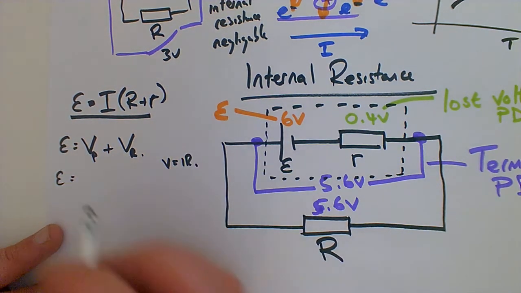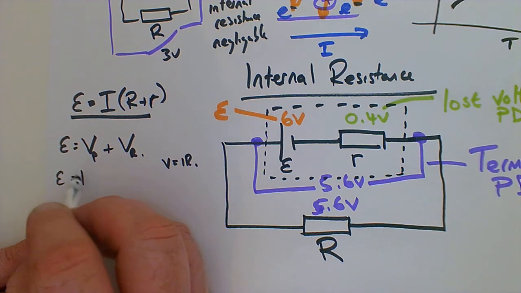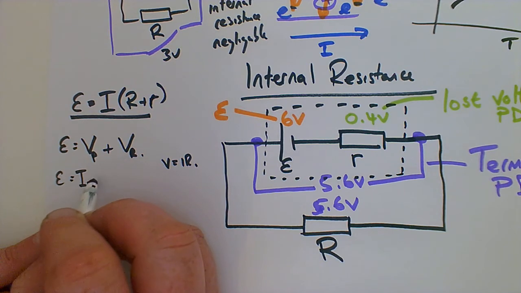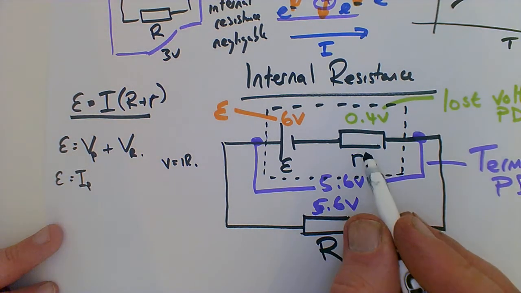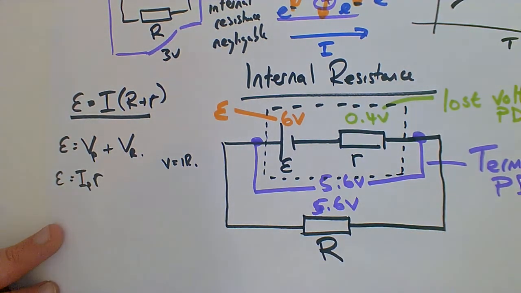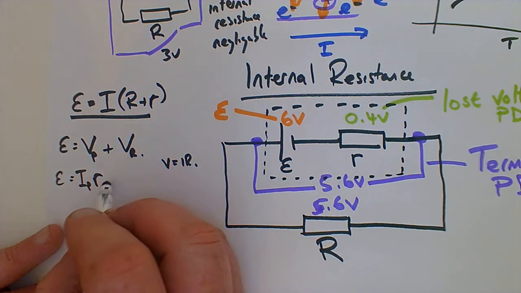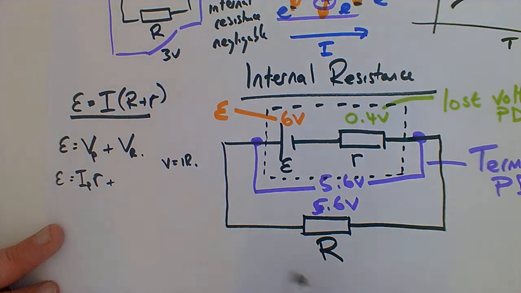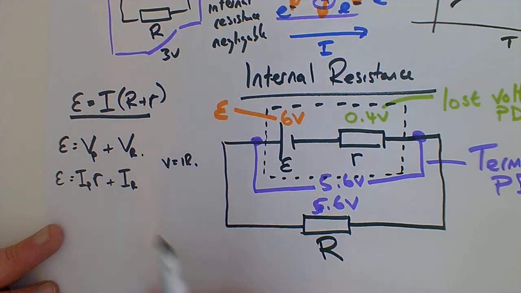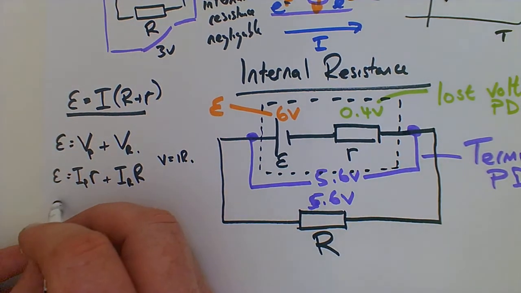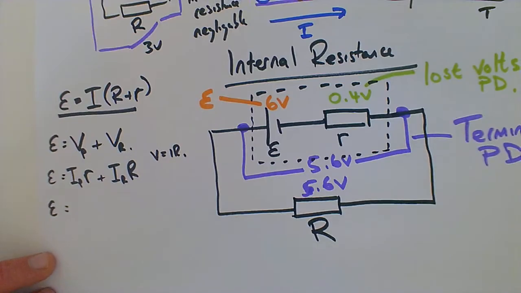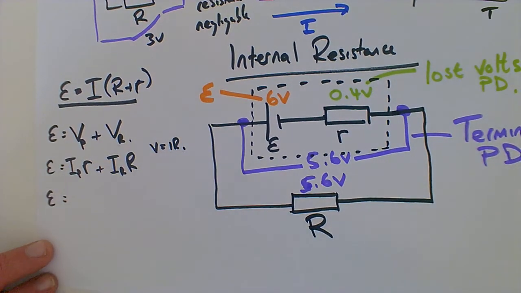Ohm's law, V equals IR. So V_P will be I times little r, but r is this one, plus I times capital R. Happy so far?